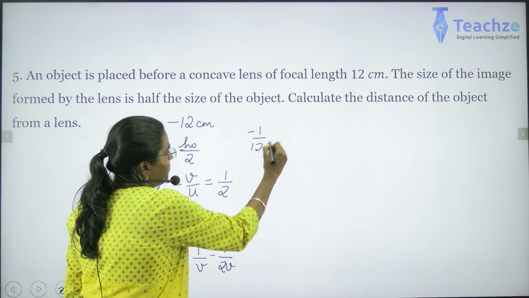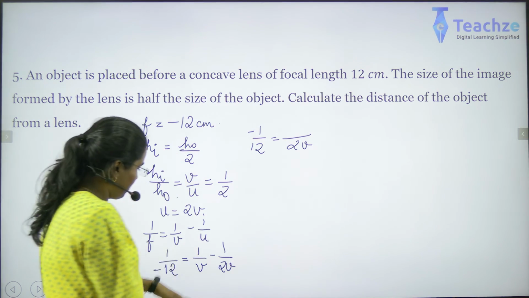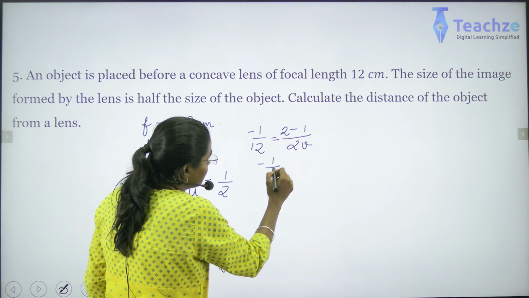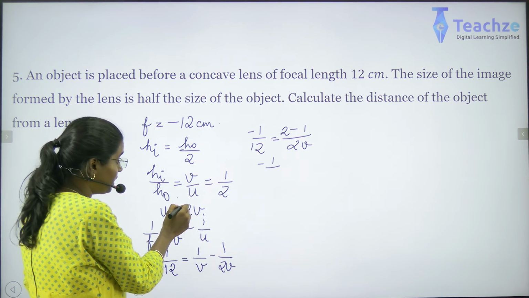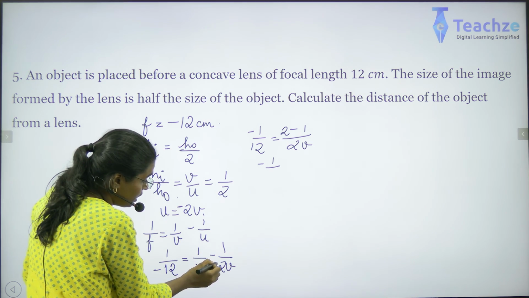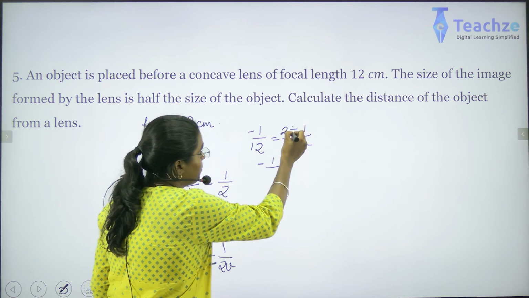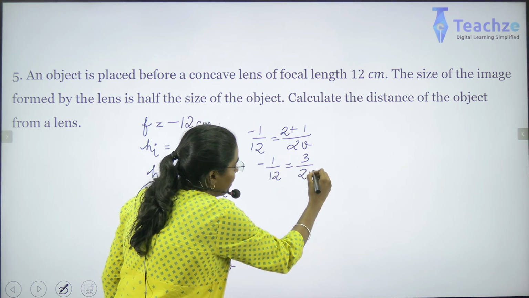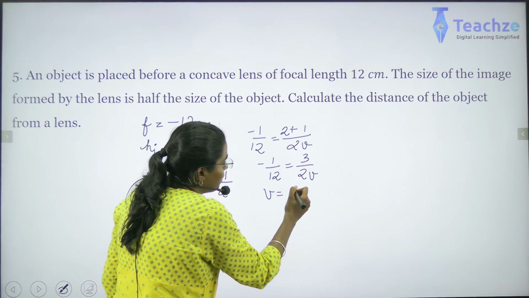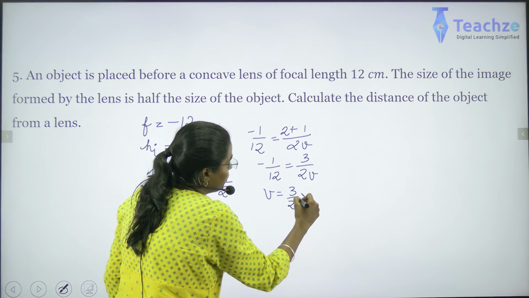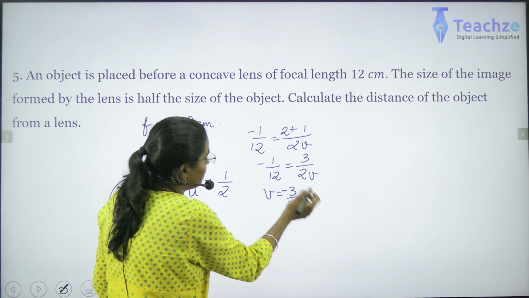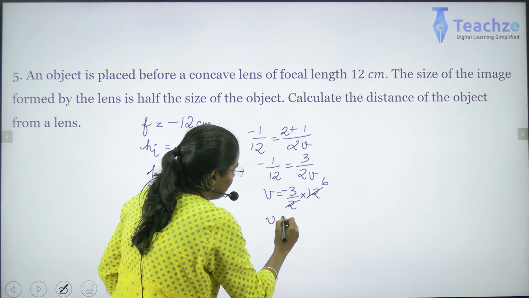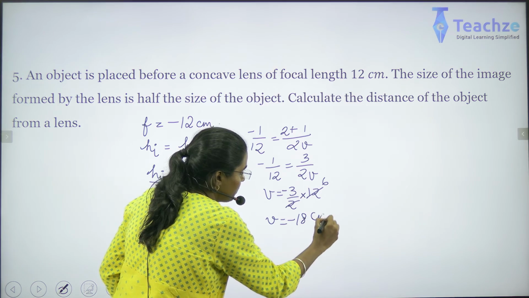Just multiply 2 here. 2 minus 1, it will be minus. Why minus? Because it is always negative. So this will be plus. So 1 by 12 equal to 3 by 2V. And V will be equal to minus 3 by 2 into 12. V is equal to minus 18 centimeter.